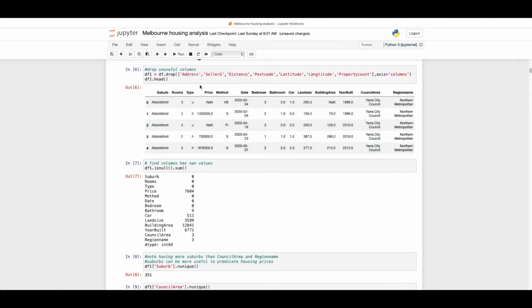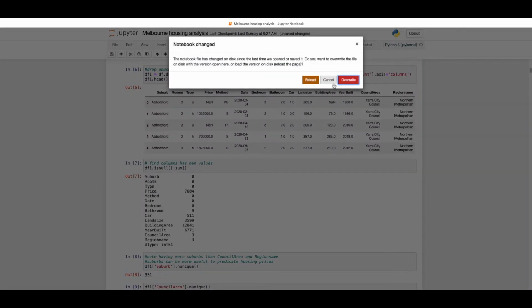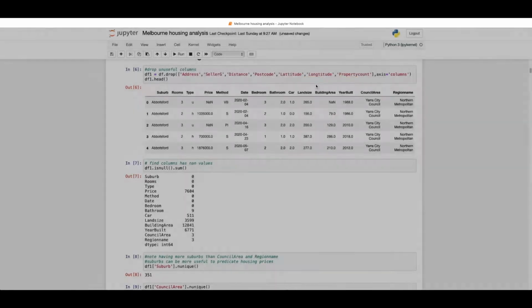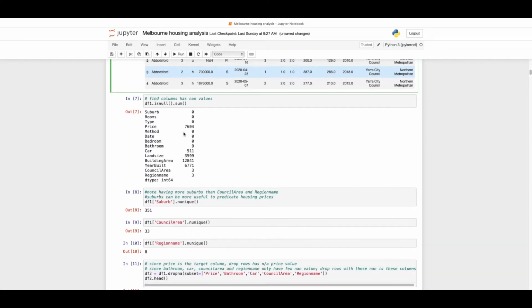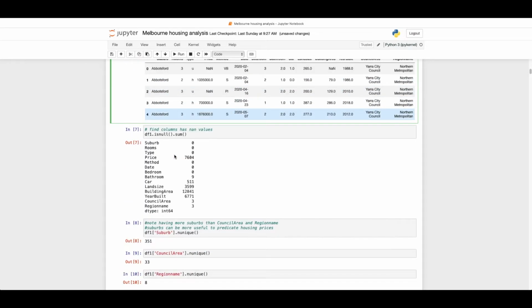Basically, just clean it up. The columns I mentioned above, and the address and seller columns, I feel are not useful, at least not for a quick analysis. So I dropped these columns and saved as dataframe 1.